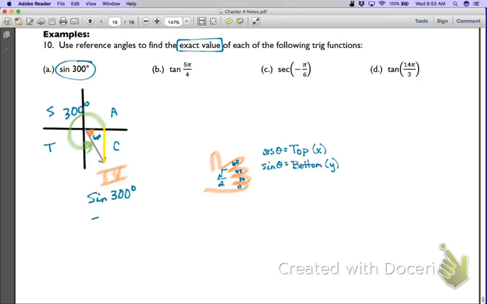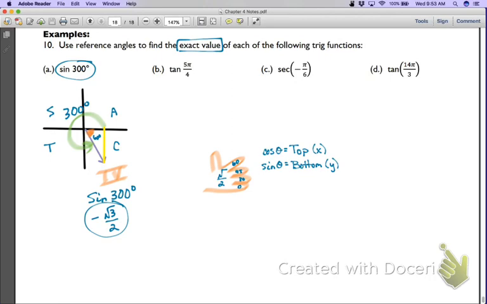So how many fingers are below my hand here? Or below the bend of my finger? 3. So what is the exact value of sine of 300? Negative square root of 3 over 2. Holy cow. There's my exact value.